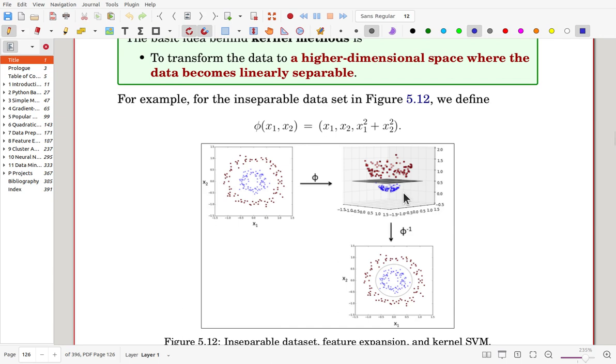So it becomes separable in the three-dimensional space. Once we transform back to two-dimensional space, the hyperplane corresponds to this circle. So the method will work very well. This is the basic idea of the kernel method: in the higher dimensional space, the data becomes separable.